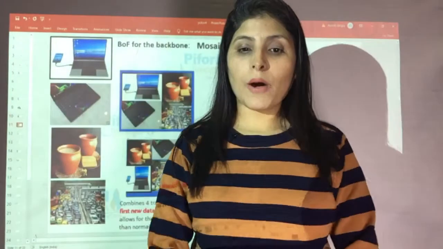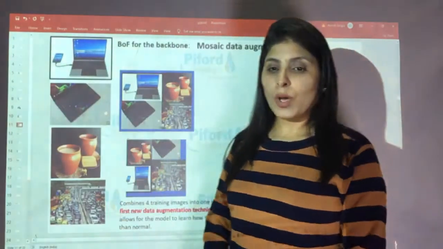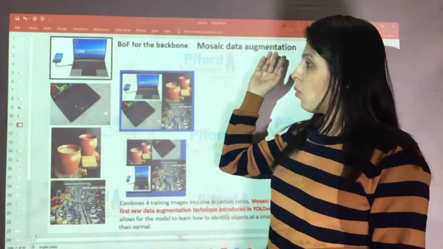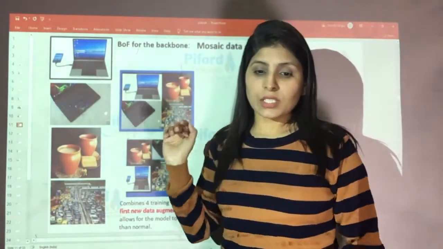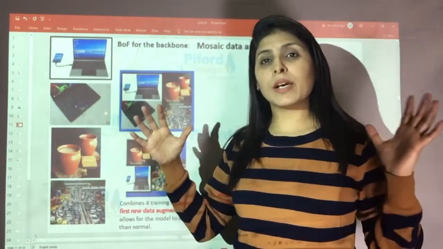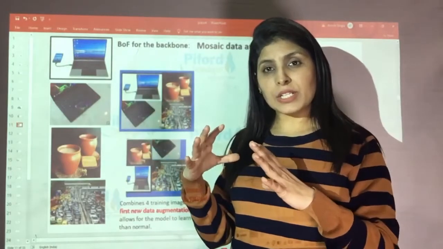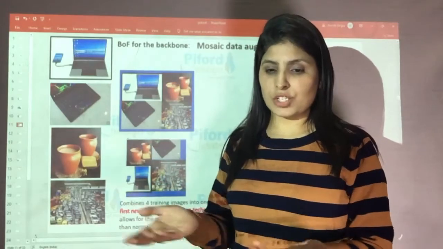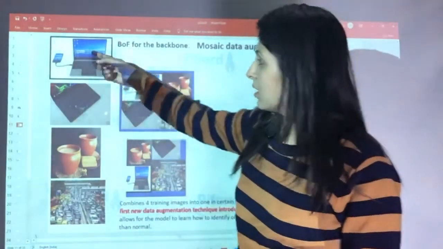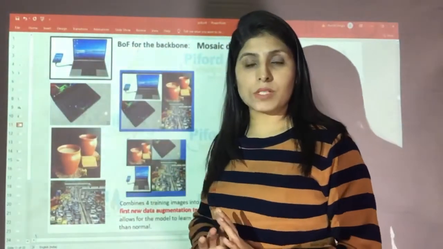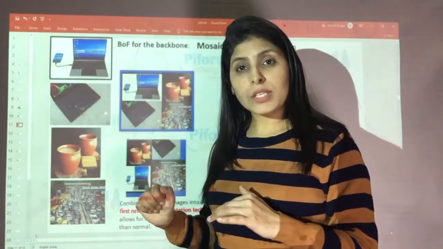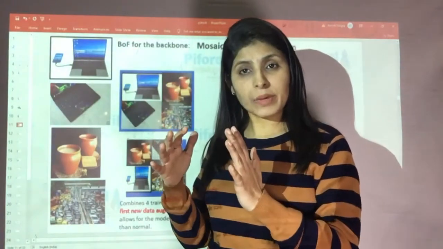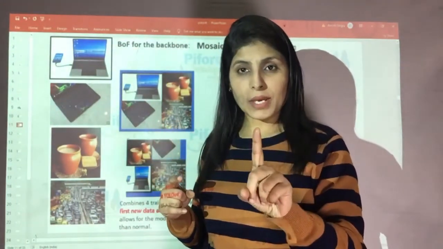Now let's talk about the next example, which is mosaic data augmentation. Now what is this data augmentation? See, this data augmentation simply means we are combining 4 training images into one image with some certain ratio. Okay, so these are 4 training examples, and we want to collect all these images and make one image.